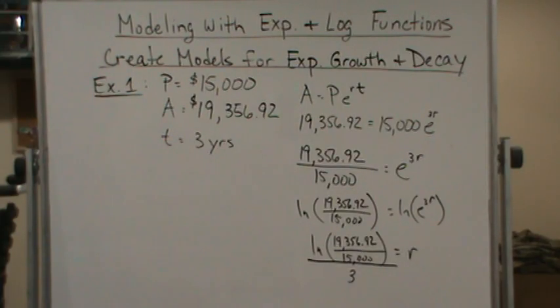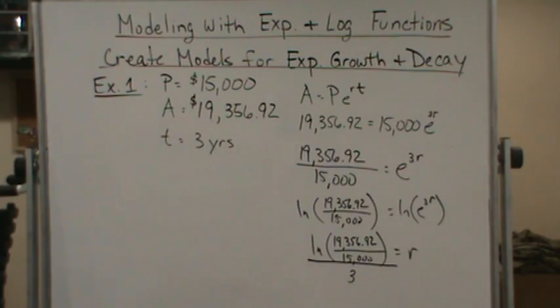Okay, so let's do this. We're going to take the natural log of 19,356.92 divided by 15,000, and we're going to divide that by 3.